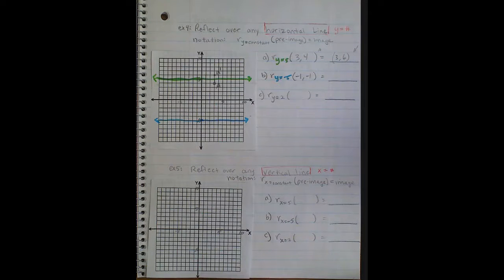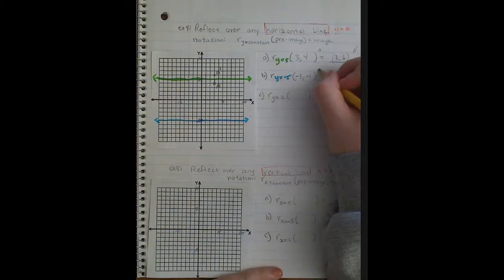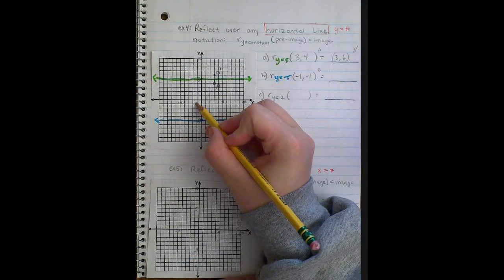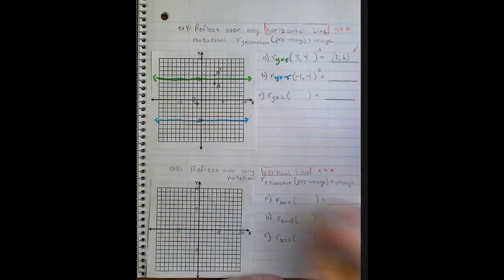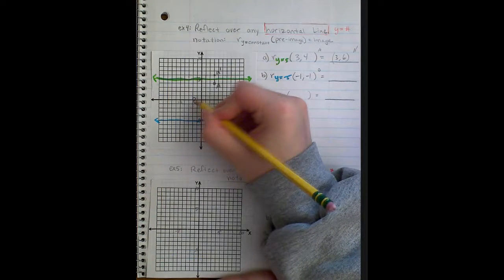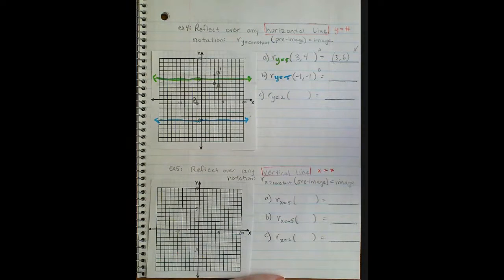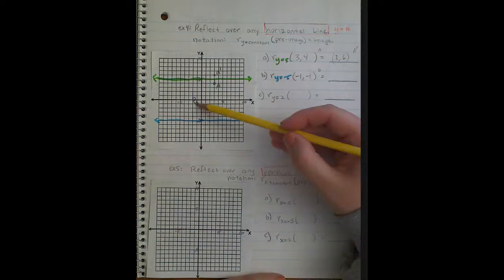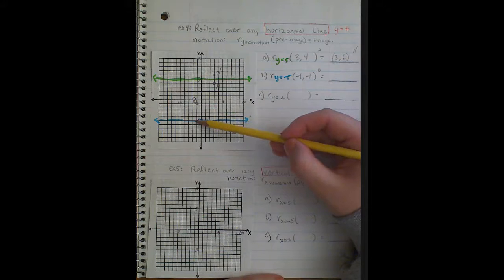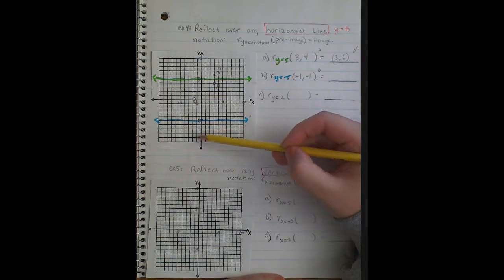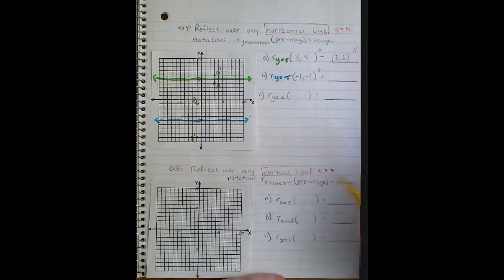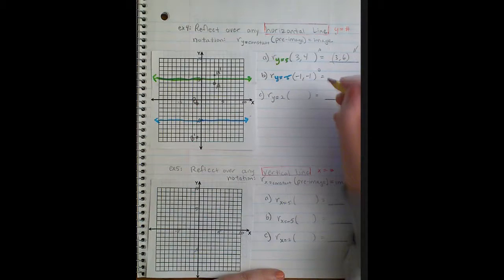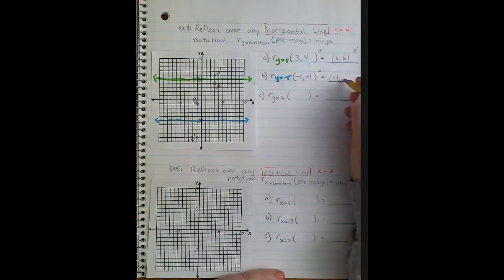Then I want to graph my point. So we'll label this one B. -1, -1. There's point B. And it is 1, 2, 3, 4 units above. So 1, 2, 3, 4 units below is going to be my image, which is -1, -9.